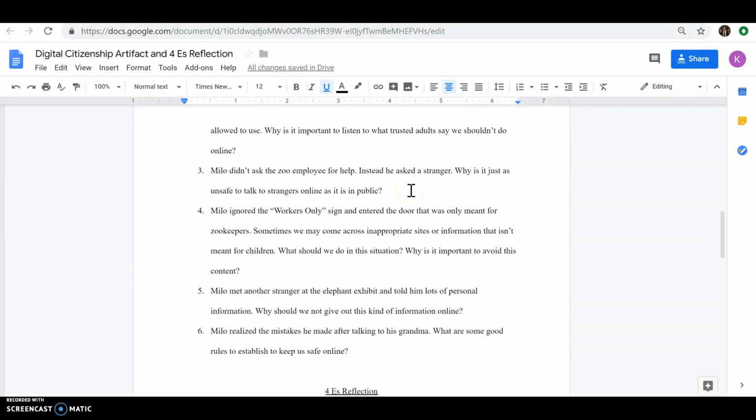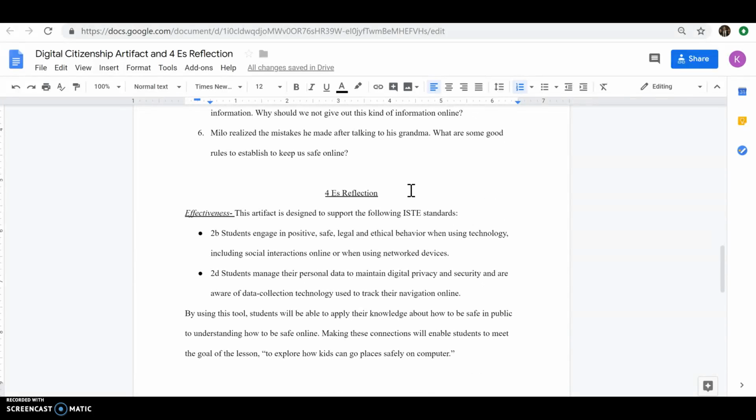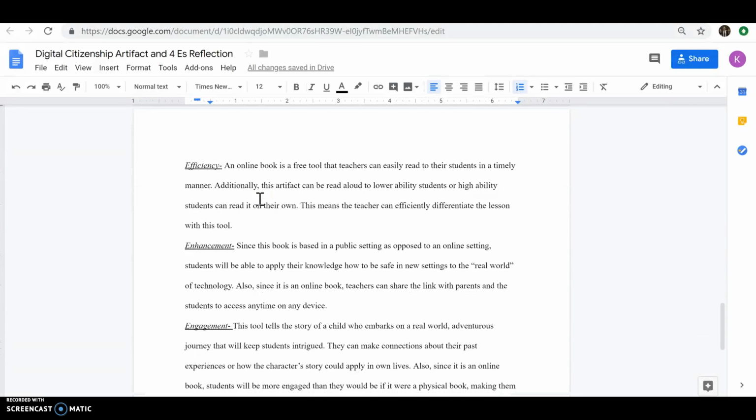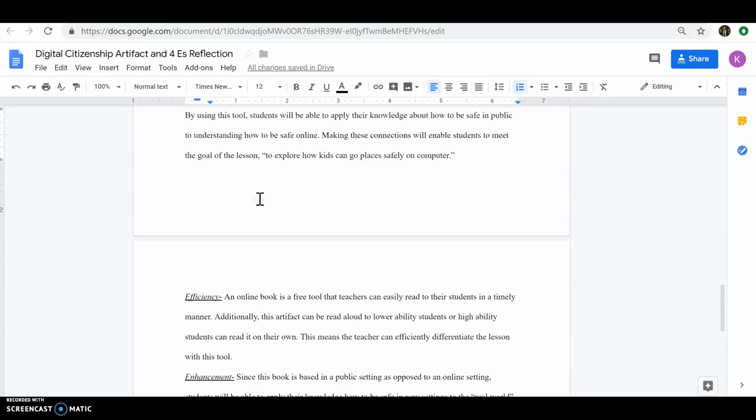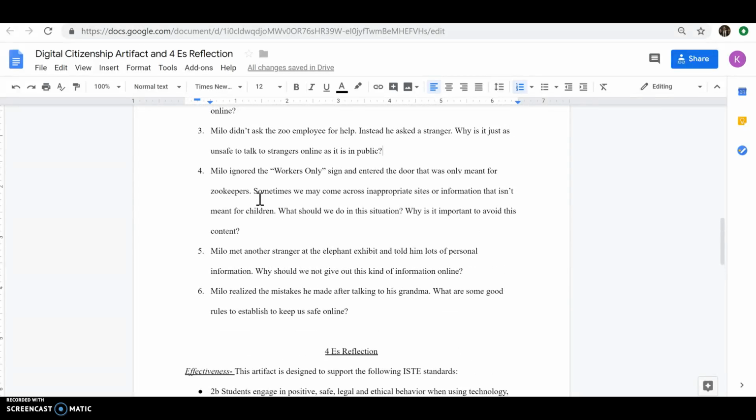So after I made those connections in the questions, I went over the 4 E's of technology, which are effectiveness, efficiency, enhancement, and engagement. And that just explains how this tool can be supplemental to the lesson.